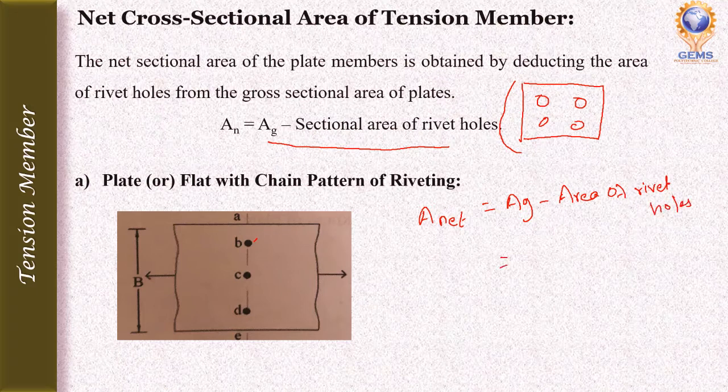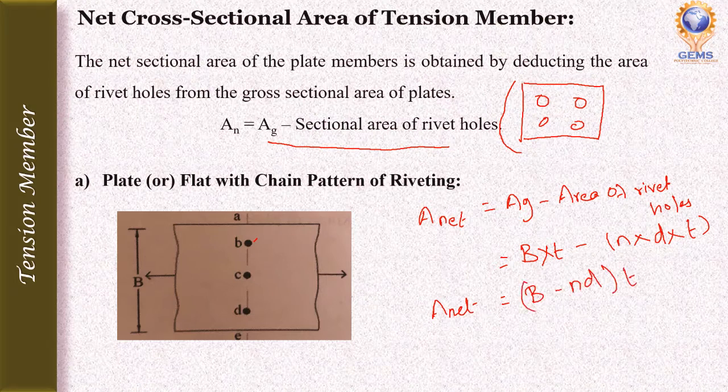So, what is the AG? It is B into thickness, B into T, minus the number of rivet holes into the diameter of the rivet holes into the thickness of the plate. So, A net is equal to, in this T is common, so we will take it out, T into B minus ND.